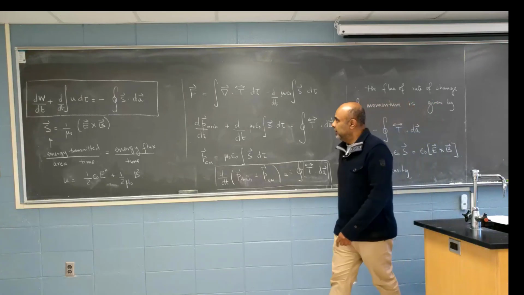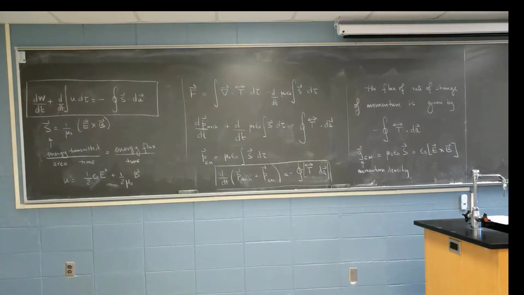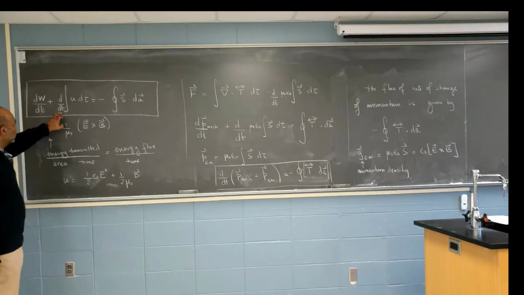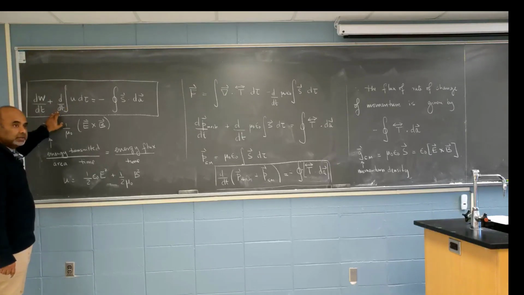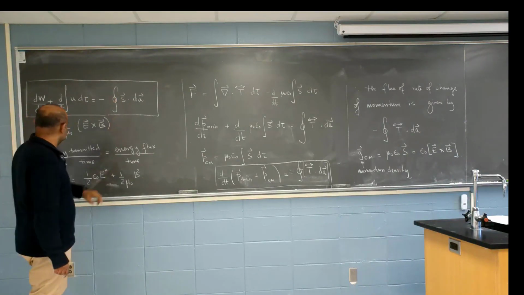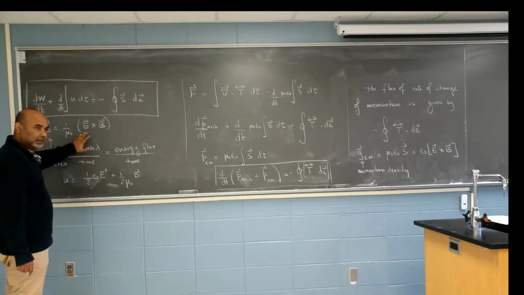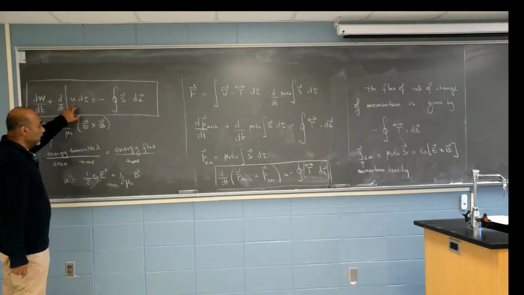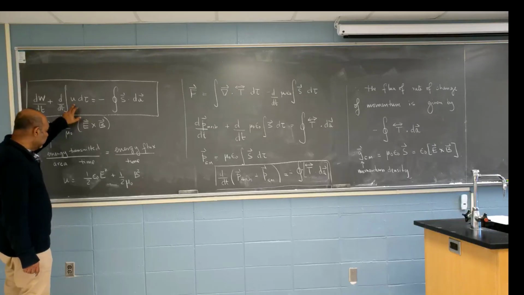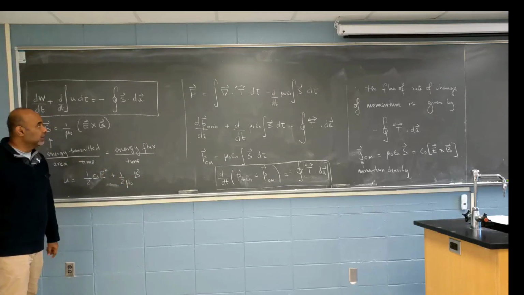Let me stare and make sure I have not made any mistake. Rate of doing work mechanically plus the rate of change of electromagnetic field energy is equal to the flux of power, where S is given by this quantity. This is the Poynting vector. Fine. What is the energy density of the electromagnetic field? That is the energy density of the electric field plus the energy density of the magnetic field.